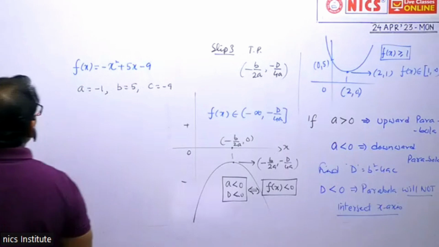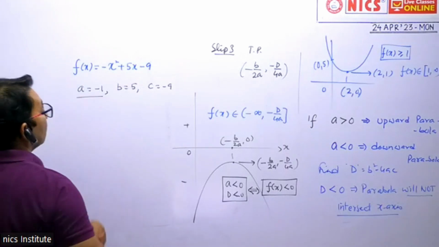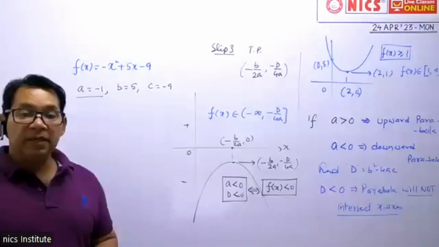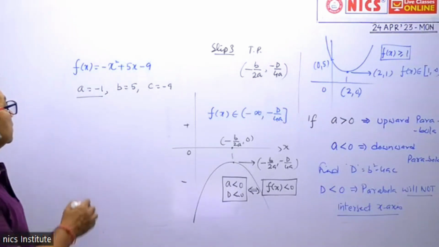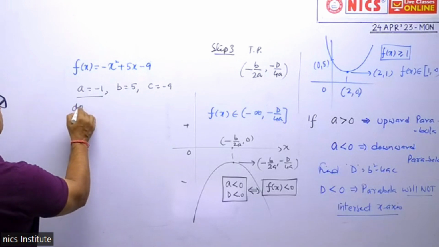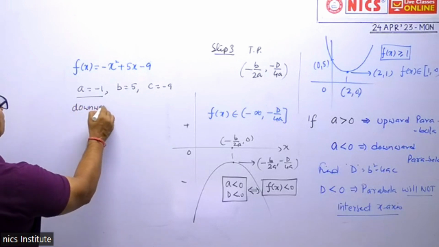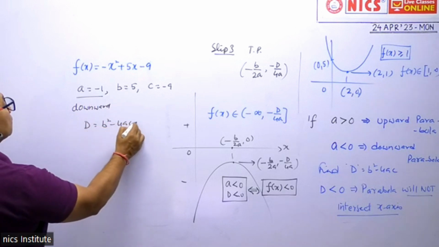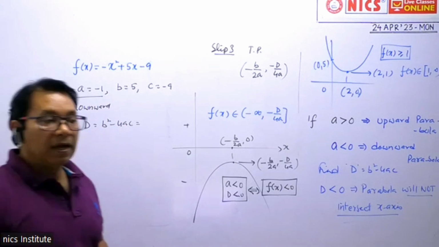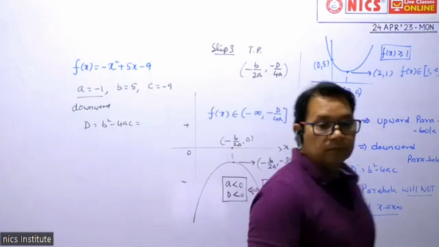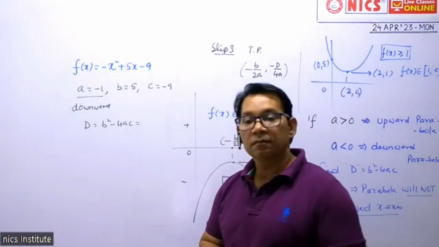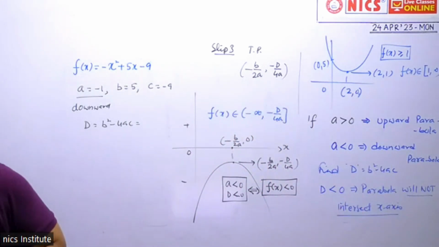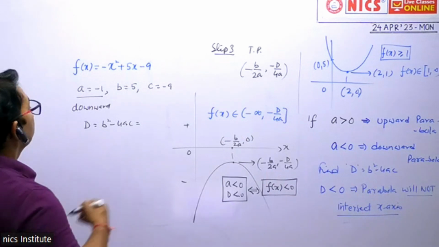So it's negative. Gayatri, it would be upward or downward? So downward. It would be downward. The next step would be you find the value of the discriminant. Tell me what D is coming out to be, Manaswini? Find the value of D. Is D coming out to be negative or positive?